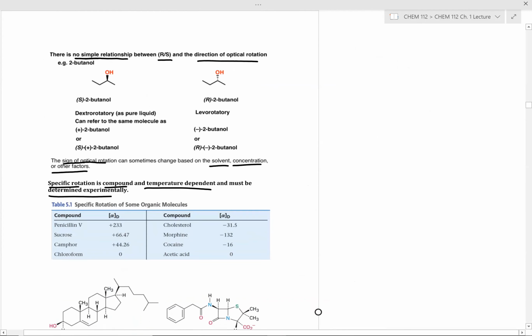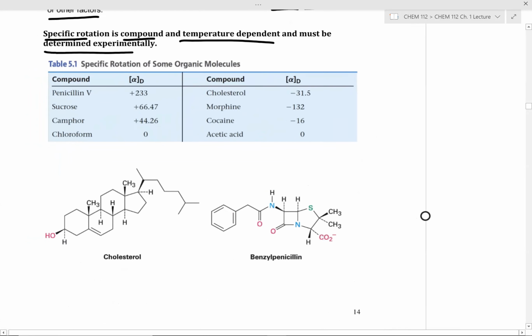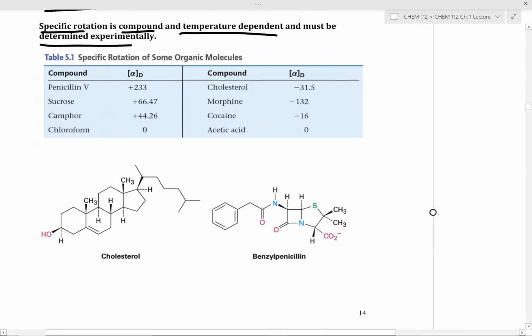So for example, let's look at a range of molecules, each with a range of chiral centers. You notice that the optical rotations vary pretty dramatically between compounds and depending on the solvent.